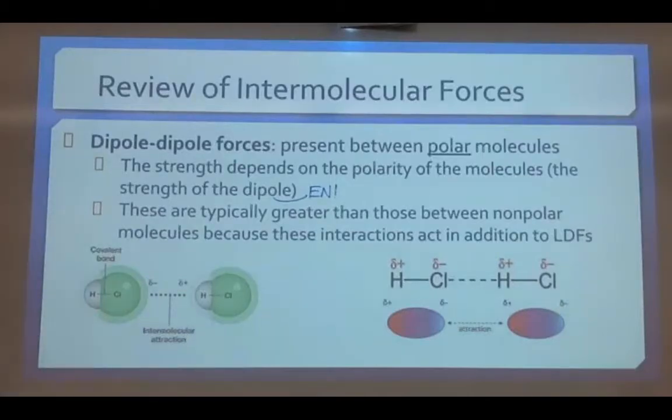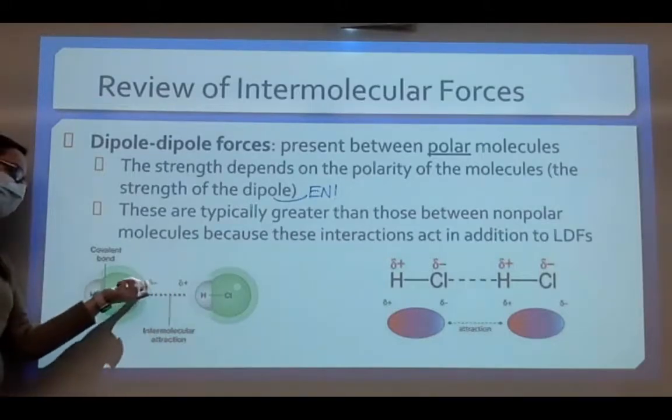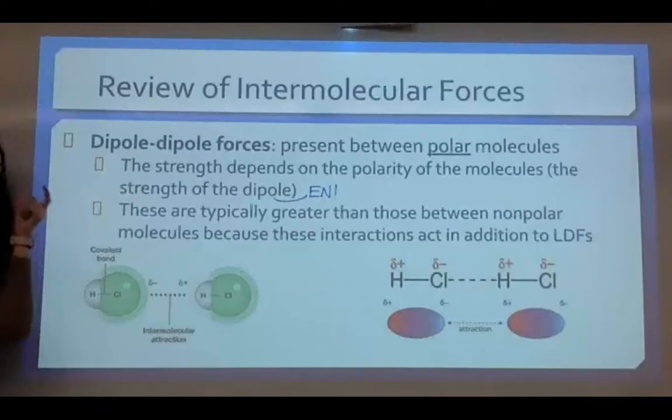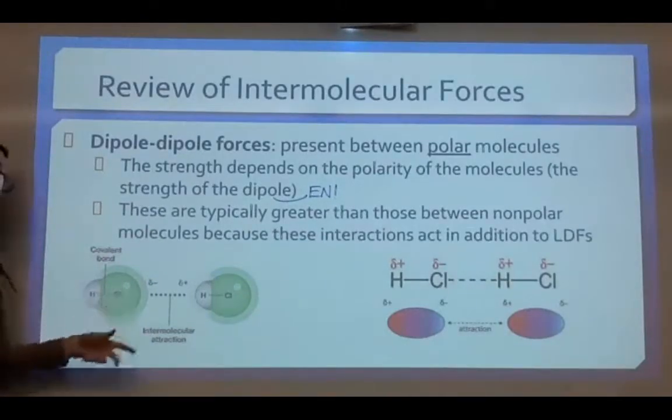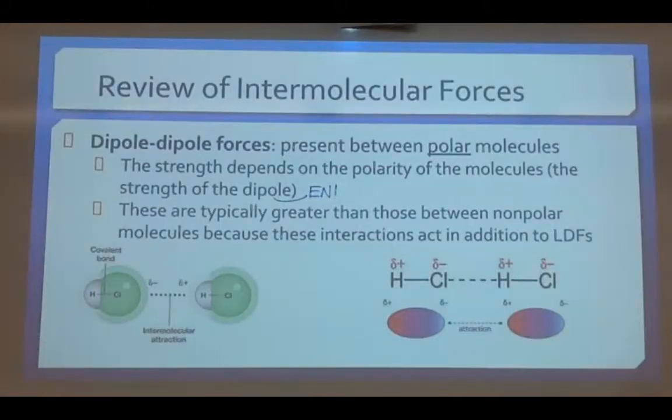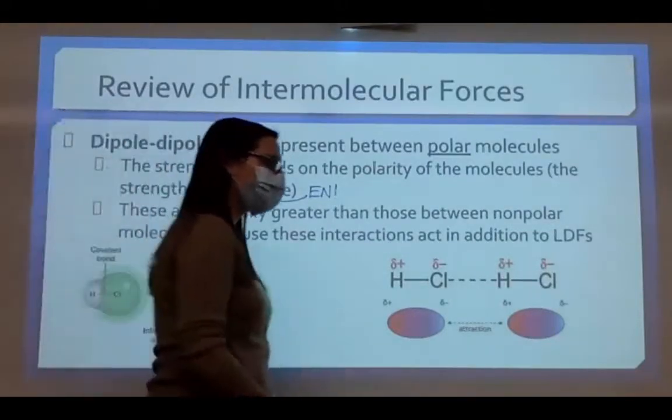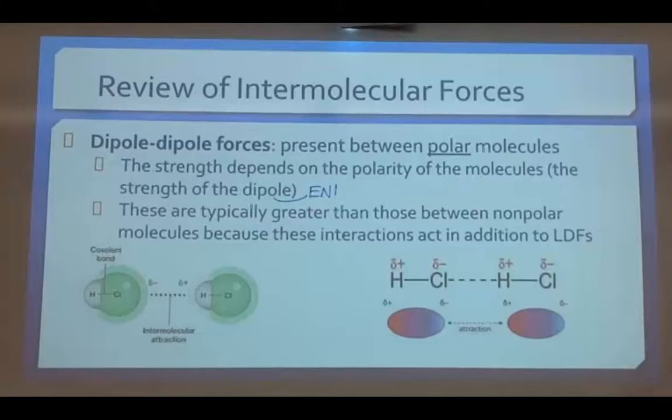So HCl would have stronger dipole-dipole forces than HI. And dipole-dipole is typically a little bit stronger than dispersion forces because you have this always partially negative, always partially positive attraction occurring, and they're acting in addition to dispersion forces. So you have dispersion forces in everything, and then you could potentially have dipole-dipole forces.